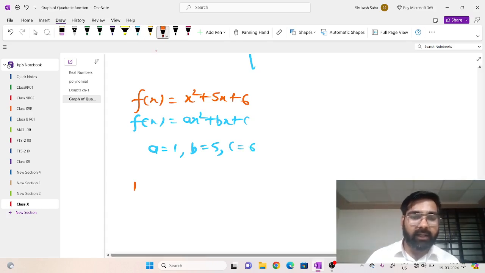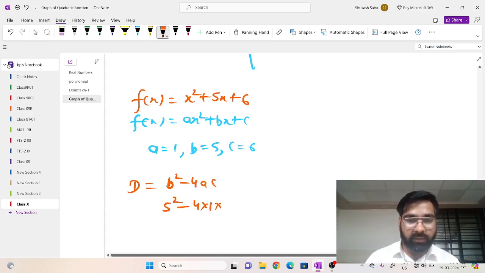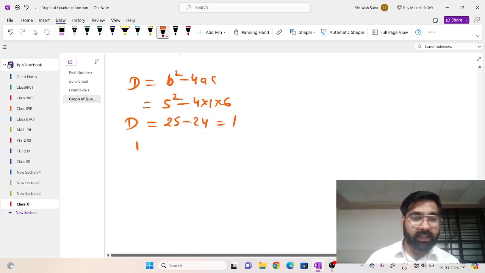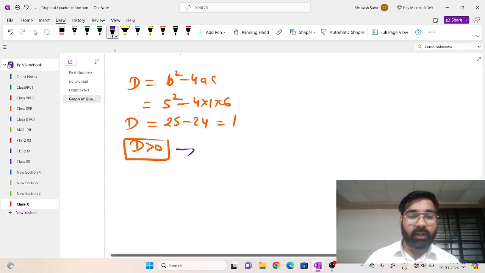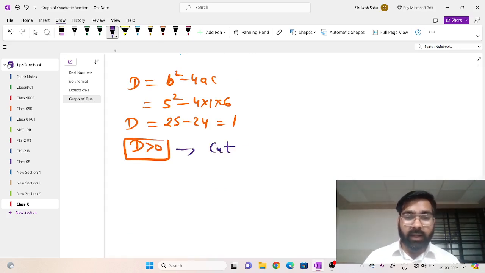And we identify D is equal to b square minus 4ac, that is 5 square minus 4 into 1 into 6, that is 25 minus 24 is equal to 1. Here D is equal to 1, it means D is greater than 0. So in case of D greater than 0, it cuts the x-axis at 2 points.